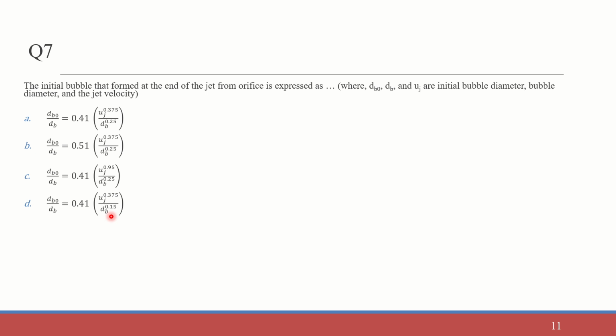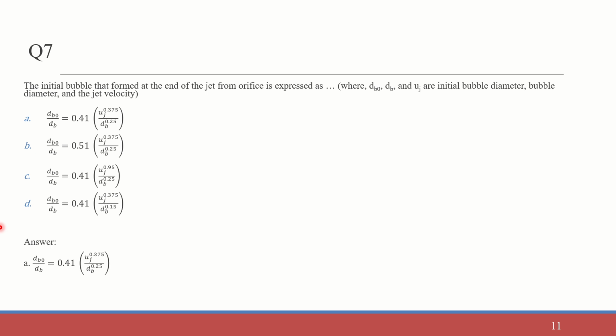Here we need to identify the right answer first. I can say the answer involves these three numbers: 0.375, 0.25 and 0.41. From that I can see the answer is actually option A. So dB naught by dB is equal to 0.41 into Uj power 0.375 divided by dB power 0.25.